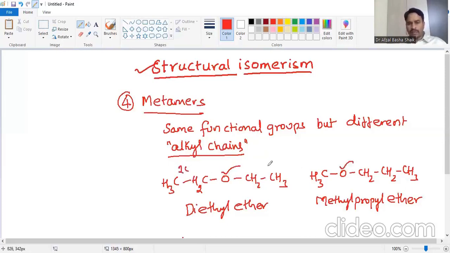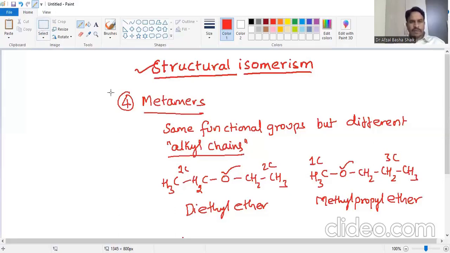Here it is a 2-carbon alkyl chain; this is 1 carbon and this is 3 carbon. That is why such type of isomers are called metamers. The metamers have same functional group. The functional group is ether, common in both the cases, but different alkyl chains. Such type of isomers are called metamers.